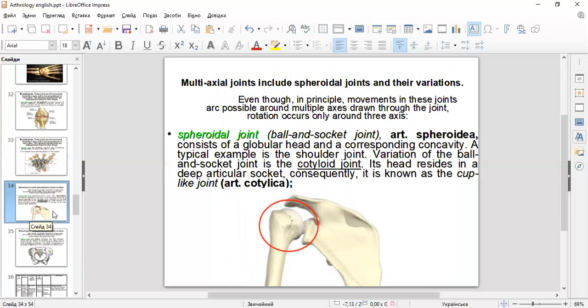Multi-axial joints include the spheroidal joint and its variations. Even though, in principle, movements in these joints are possible around multiple axes, rotations occur only around three axes.